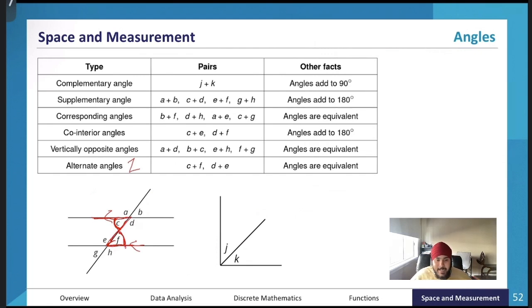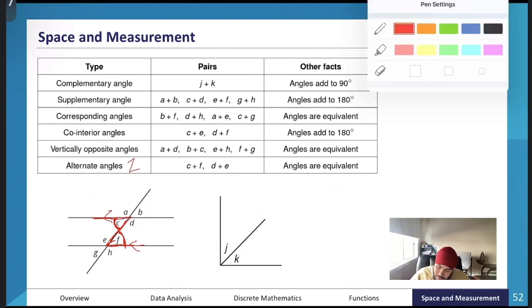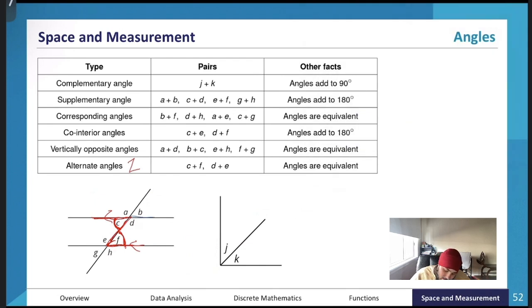So C and F are going to be the same. So whenever you see a Z, you should always think of this. So another example would be this Z over here. So just draw it in a different color. So we have this Z over here as well. So E and D will also be the same, but only when you have parallel lines. Okay, so those are all the different types of angles. Again, let me know if you have any questions.